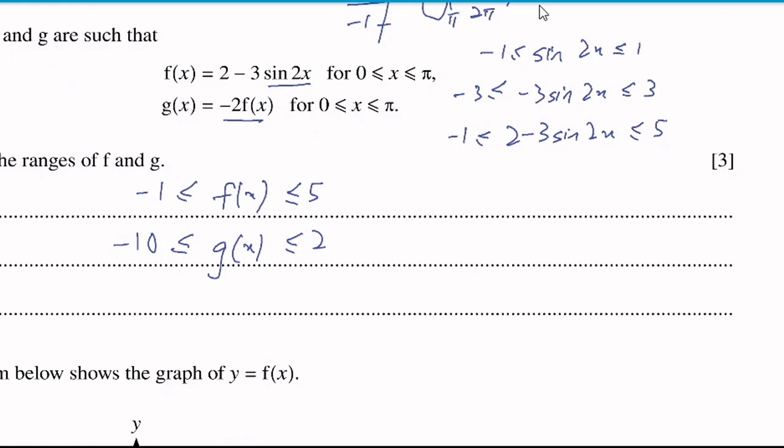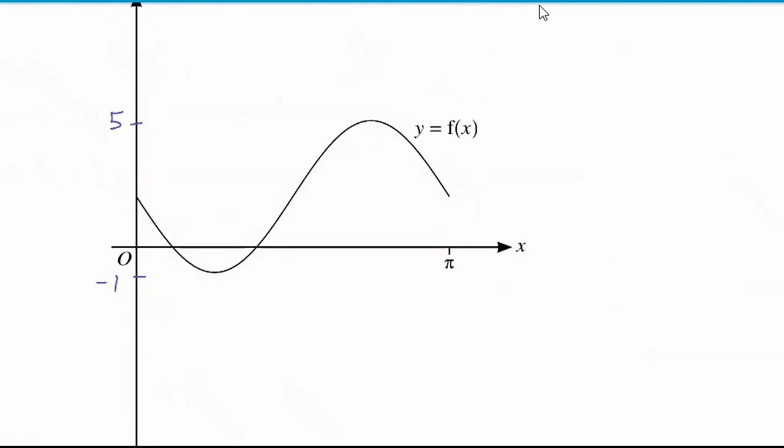So just to be safe, we sketch the negative g(x) first, because negative g(x) is very easy to sketch. We just need to reflect it over the x-axis. Okay, this is how it looks like.